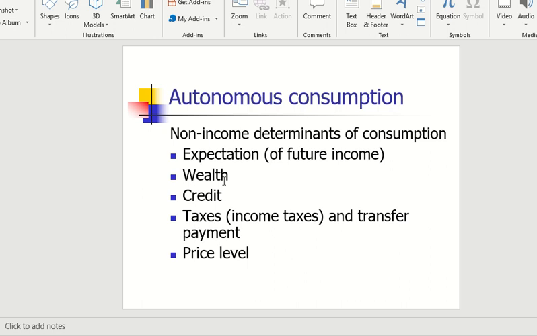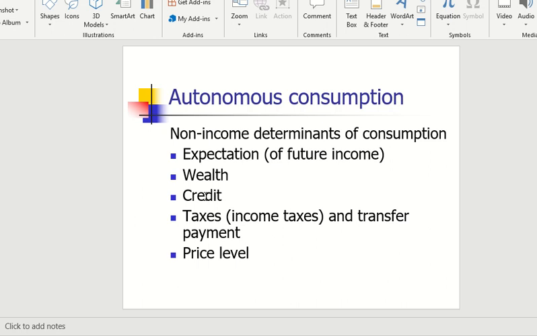Another determinant of consumption is wealth. The wealthier we become, the more we are likely to spend. So if you win a lottery, obviously you're going to spend more. Credit means how easy it is to get loans. If it is easy to get loans, then we are likely to spend more.